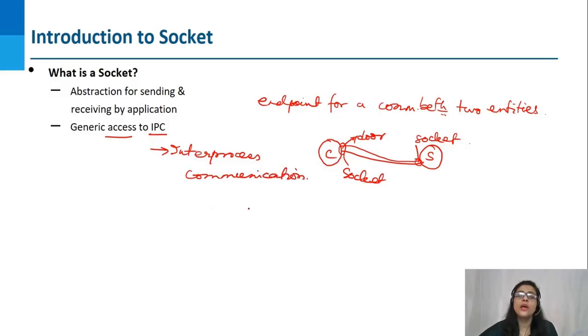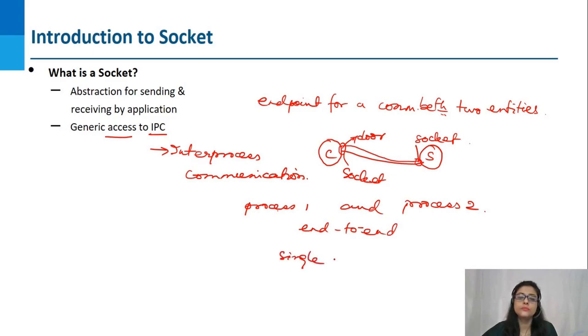Now, whenever there is a communication between two processes, a socket is required. So, we call it end-to-end communication. Now, these two processes can be in a single computer or it can be between two computers C1 and C2.